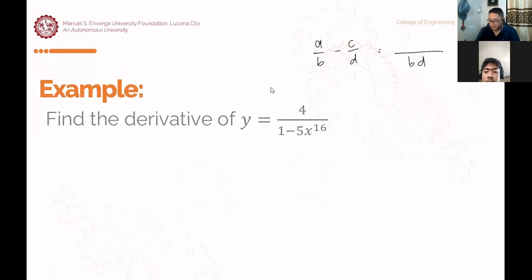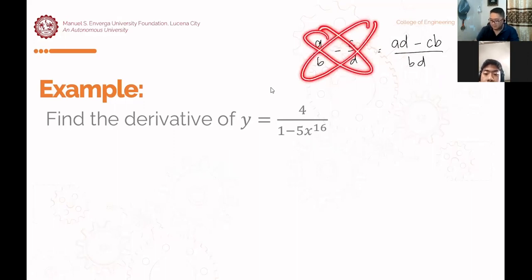Para matuloy yan, kailangan si BD, i-divide mo to dito kay B, ang matitira ay D, tapos mo-multiply mo yan dito, A times D. Minus yung second natin, ito, divide mo dito, matitira ay B, kaya magiging CB.